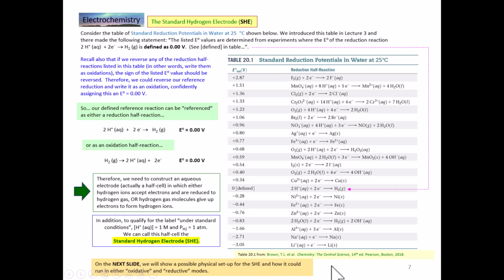Let's look at what a possible physical setup would be and how our reference electrode could run in either oxidative mode, where hydrogen gas is oxidized to hydrogen ion, or reductive mode, where hydrogen ions are reduced to hydrogen gas.